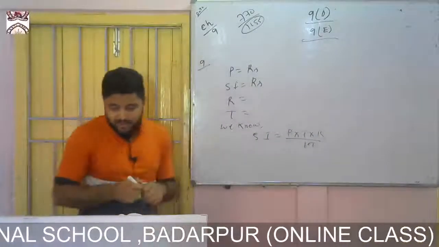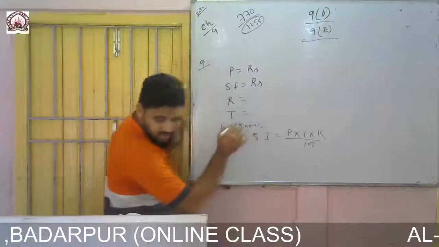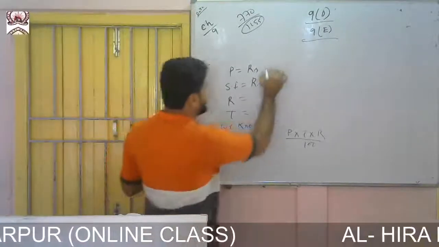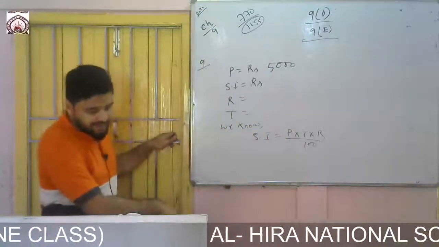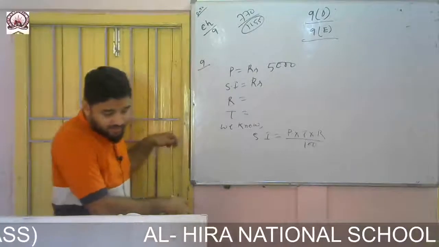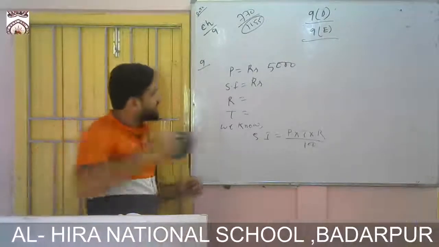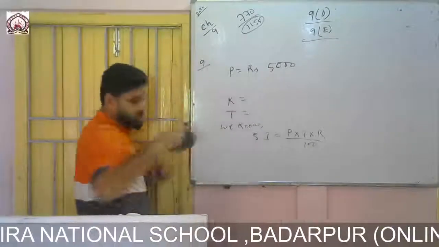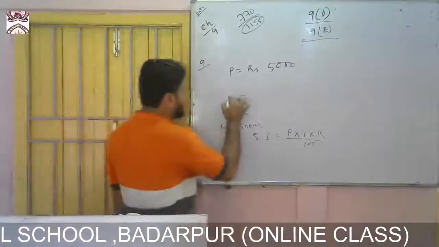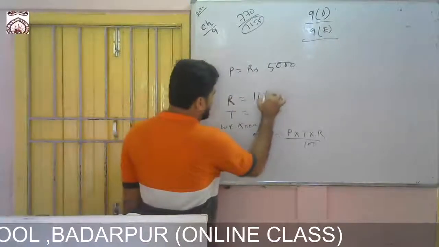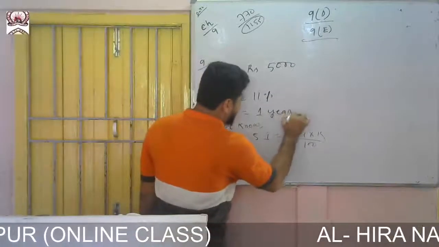Rate of interest given is 11%. Sorry, SI is not given. Rate of interest is 11%, and time equals 1 year. How do you see it is 1 year?